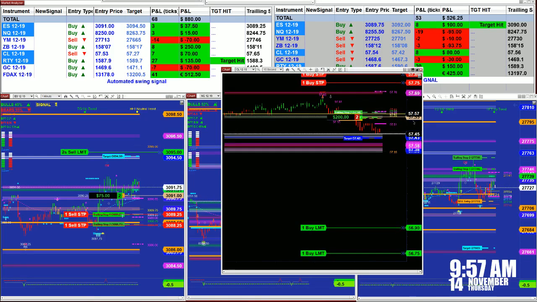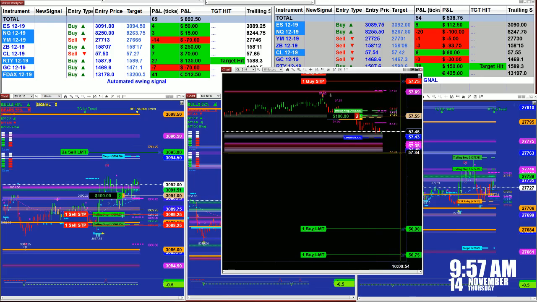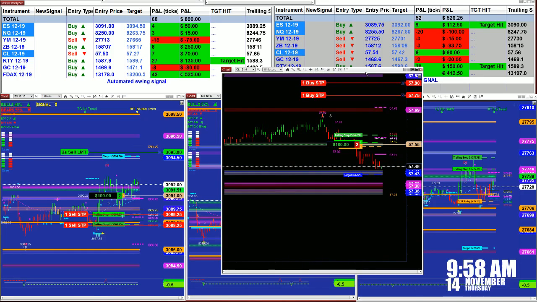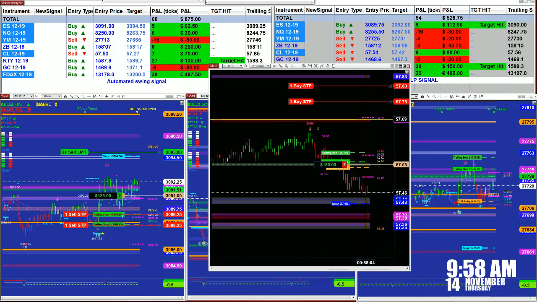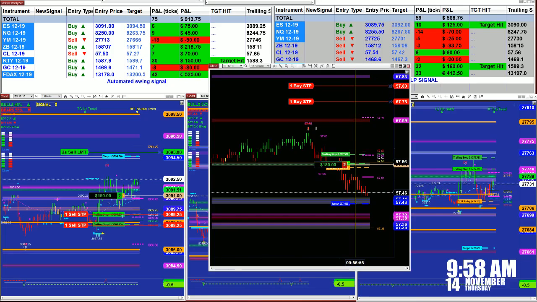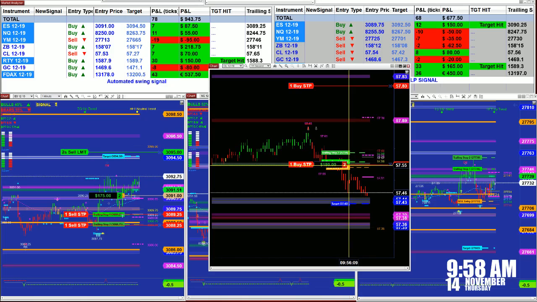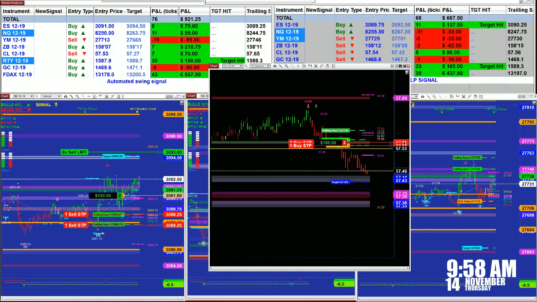If we look at the CL, the CL has a double support area here. This is a different type of automated trade. This is a zone automated trade. This is a fib automated trade, actually. And then you can break even.